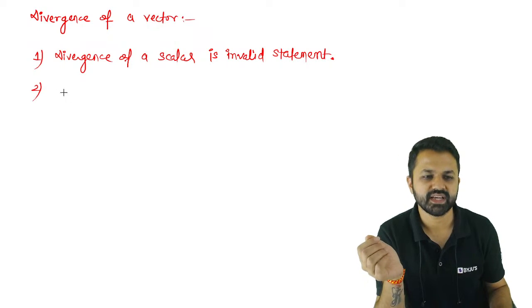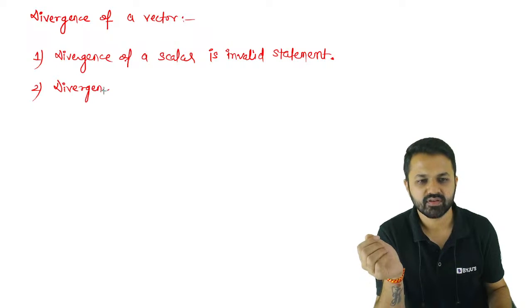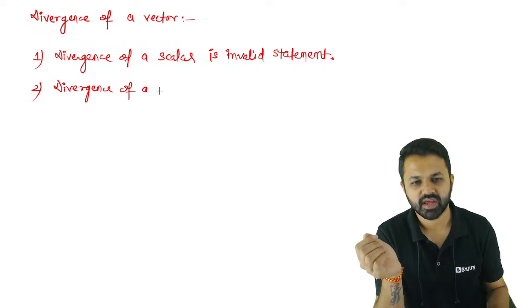The second point is divergence of a vector. When you calculate the divergence of a vector, the result is a scalar quantity.